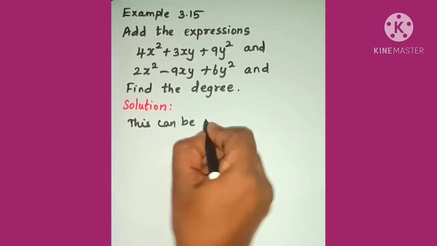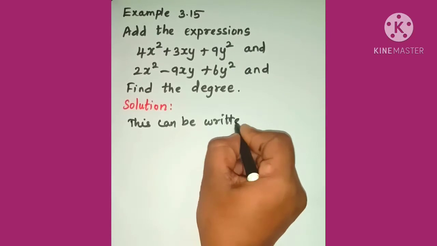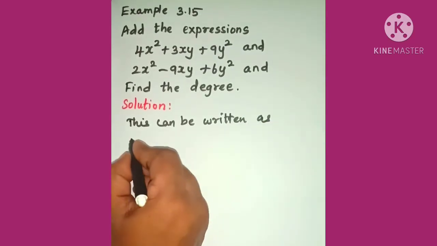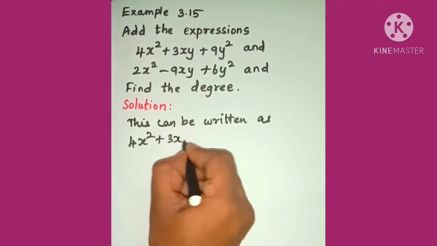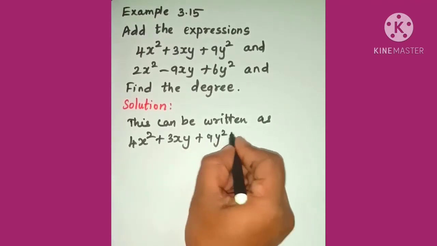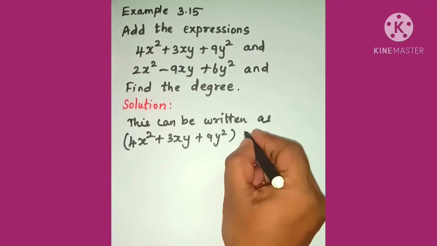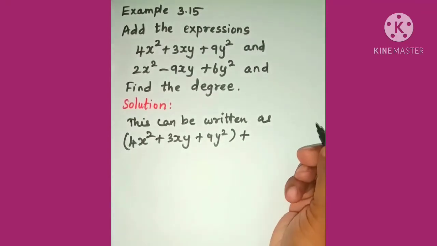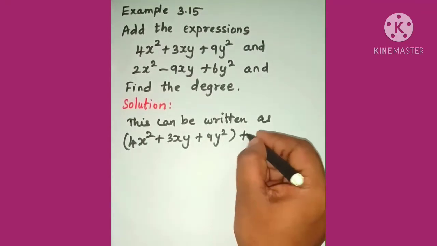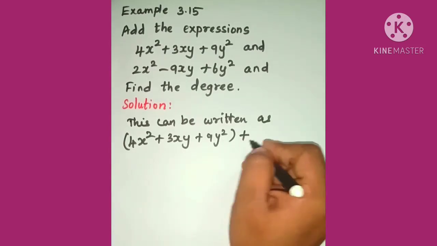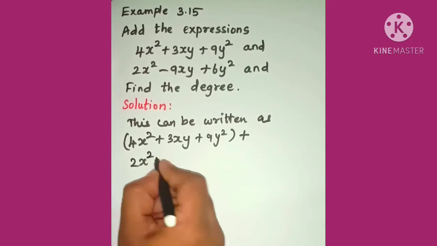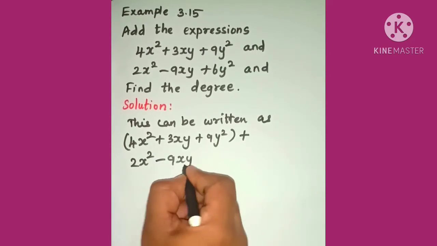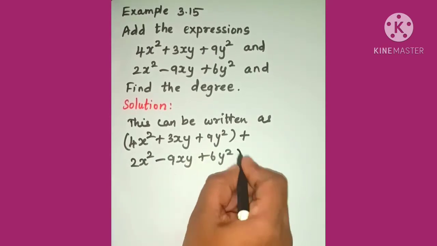This can be written as the sum of the first expression plus, add means we have to put a plus sign between the expressions, and the second expression is 2x squared minus 9xy plus 6y square.